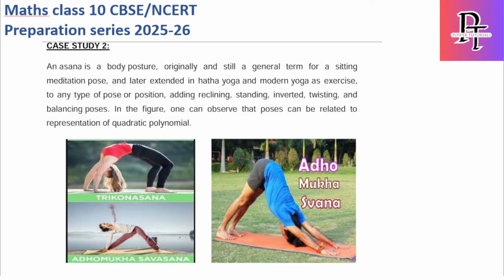In the figure, one can observe that poses can be related to the representation of a quadratic polynomial. You can see this is a parabola kind of structure. Here is another parabola and this is another. So these are nothing but representations of quadratic polynomials.